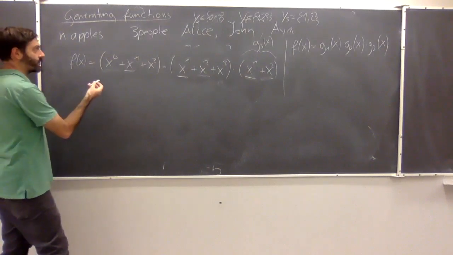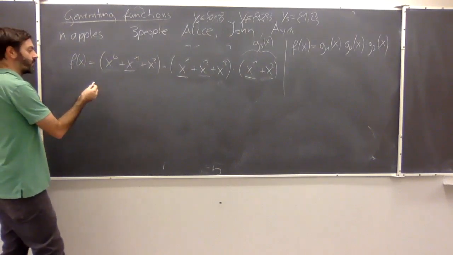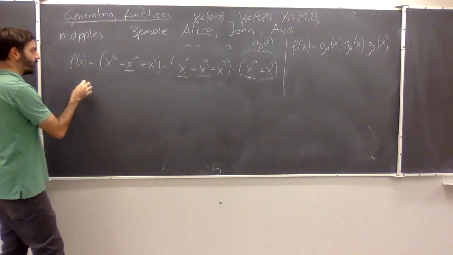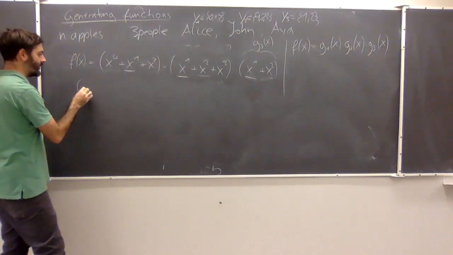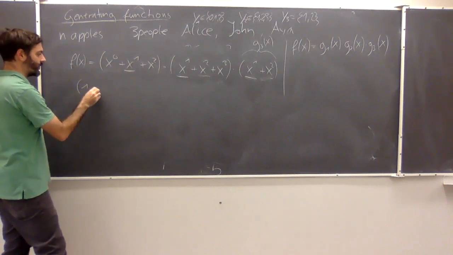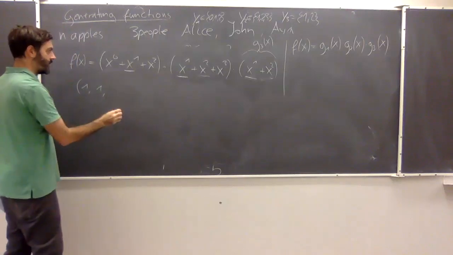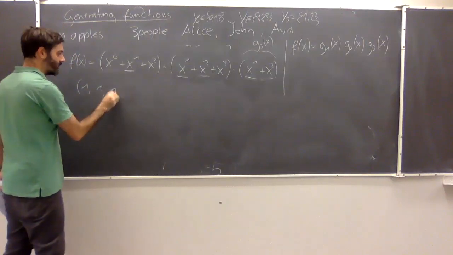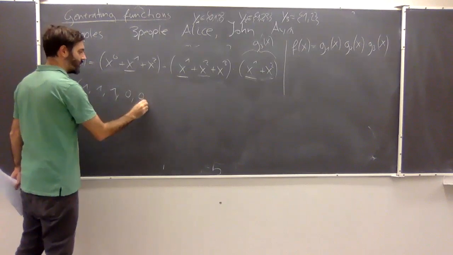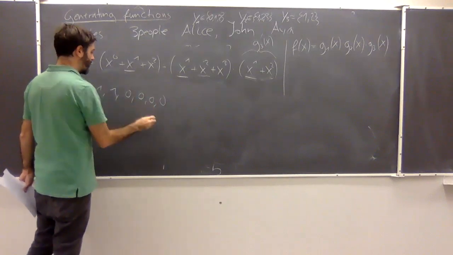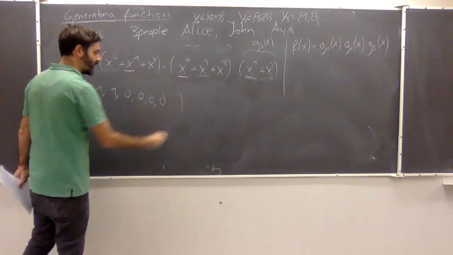For Alice, she wants either 0 apples, or 1 apple, or 2 apples, and not more. So her sequence is 1, 1, 1, followed by a number of zeros.